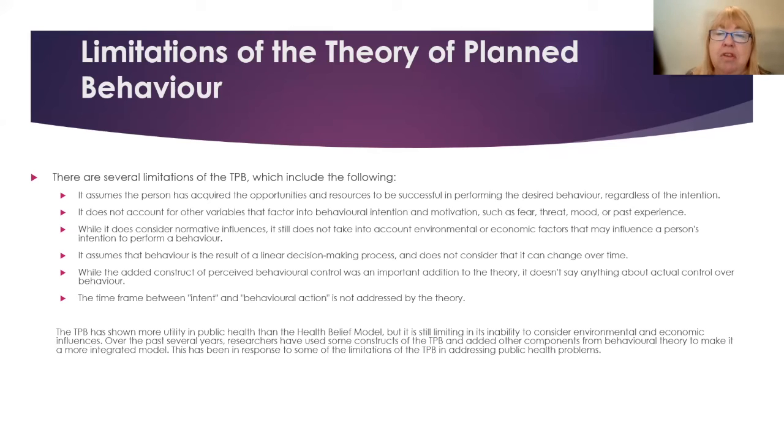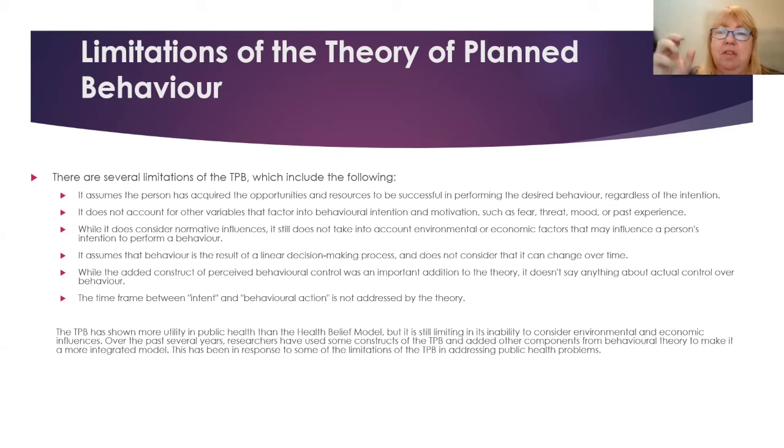While it does consider the normative influences, so that's the pressure from society, from your small group and the big group, it doesn't take into account other environmental or economic factors that might influence people. And again, if you're using smoking, it does in that case, because it's good for the environment and it's saving you money.